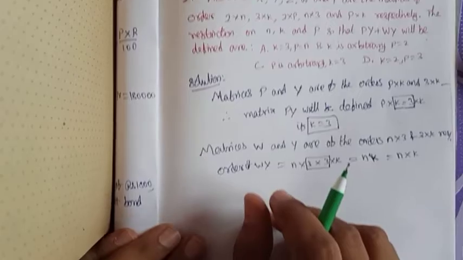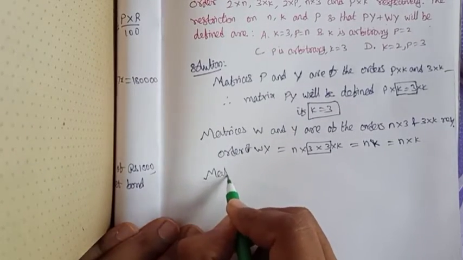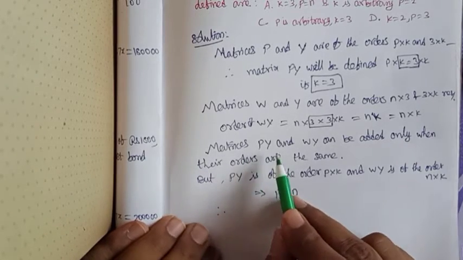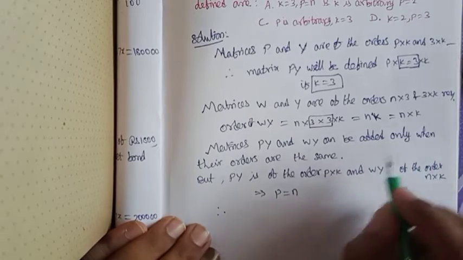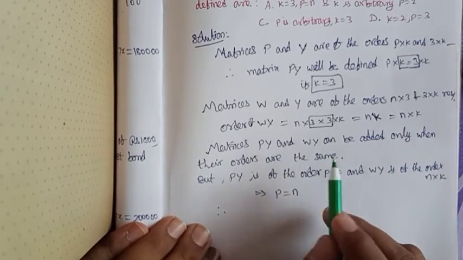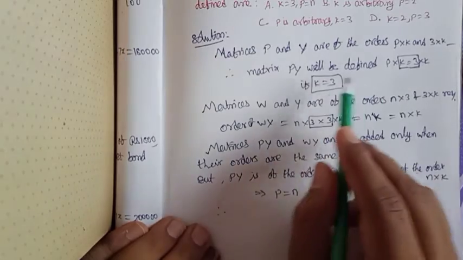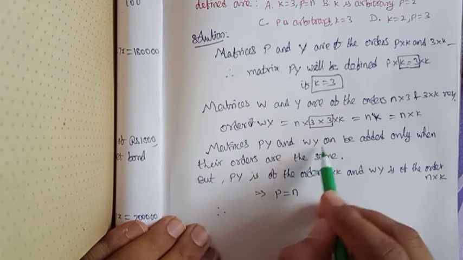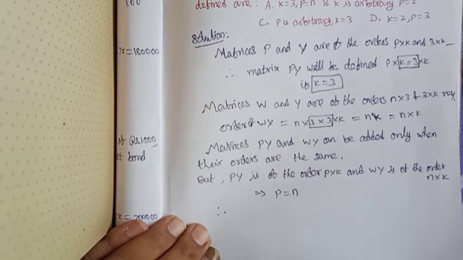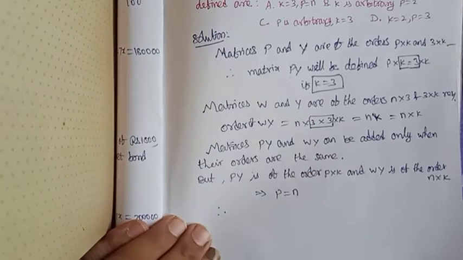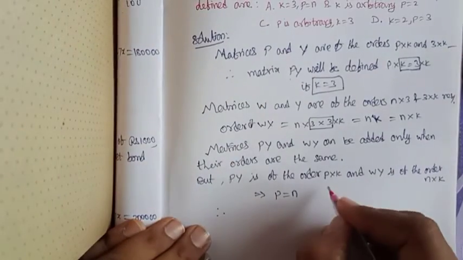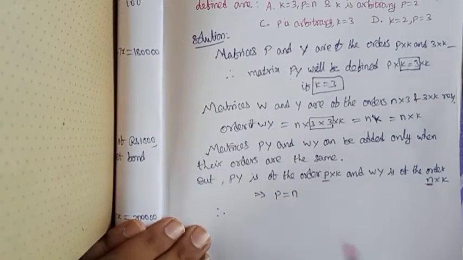Matrices PY and WY can be added only when their orders are the same. We found the order of PY is p by k, that is p by 3, and the order of WY is n by k. The k value is 3, so the number of rows in P and the number of rows in W, that is n, should be equal for the matrix addition to be possible.